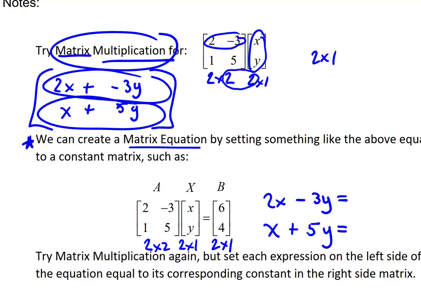If we set those two results equal to the entries in the constant matrix, we'd have 2x minus 3y equals 6, and then x plus 5y equals 4. Interesting, what just happened? We have what looks very familiar as a system.